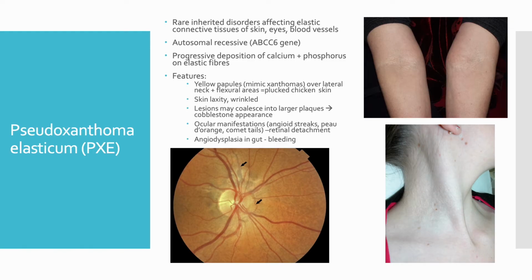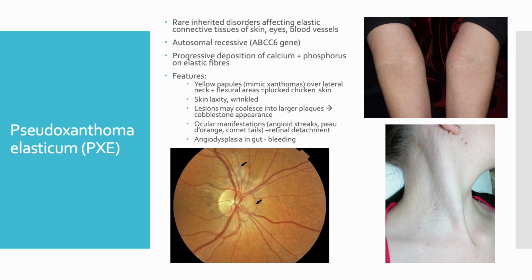So on this ophthalmoscopic image, you can see highlighted with the arrows grey-blue structures which mimic blood vessels, but in fact they're actually due to ruptures in Bruch's membrane.